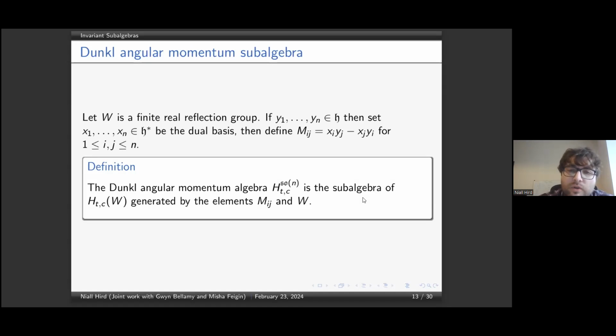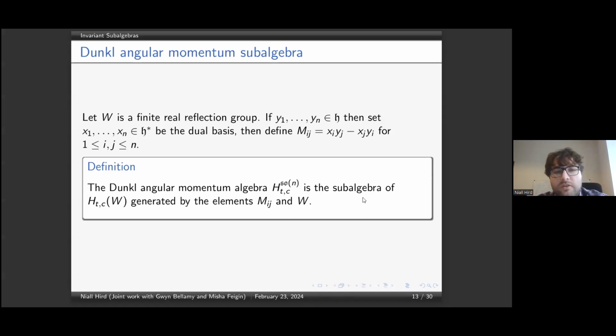So if you take y1 to yn inside H, and x1 to xn to be its dual basis, so I just mean xi of yj is equal to 1 if i equals j, and 0 otherwise, then you can define these elements mij to be xiyj minus xjyi. So it looks a bit like the commutator, but it's slightly different. Then the Dunkl angular momentum algebra is the subalgebra of H generated by these elements and the group W.